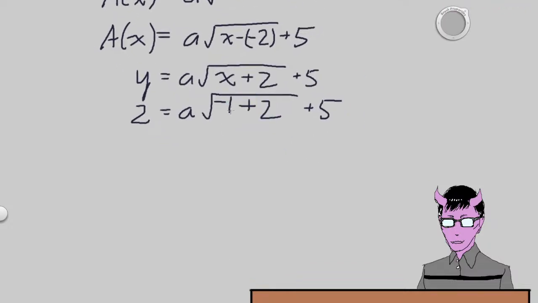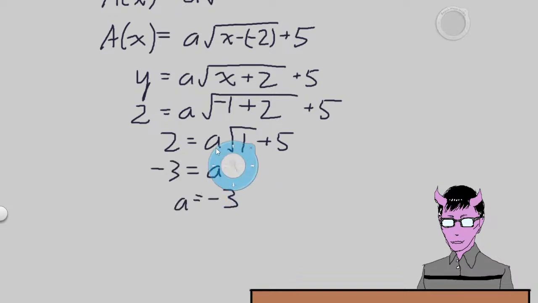Alright. So -1 plus 1 is... a very clean square root of 1. That seems almost too nice. And then since this is just a times 1, it's just going to be a. We're going to subtract 5 from both sides. So -5 minus 5 is going to give us -3. So the a value is equal to -3. Interesting.